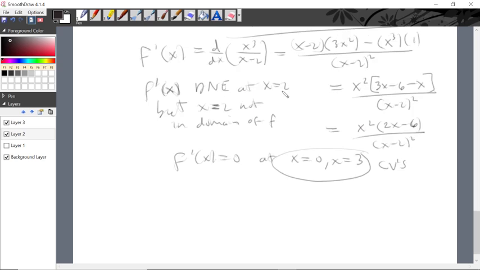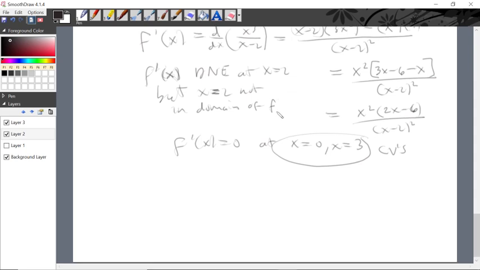If we're doing increasing and decreasing, though, we should test around where x is equal to 2 as well. Maybe that's something we should end up doing anyway. But these are the potential locations of the maxima and the minima. So let's test that as well as these in establishing where this function is increasing or decreasing.